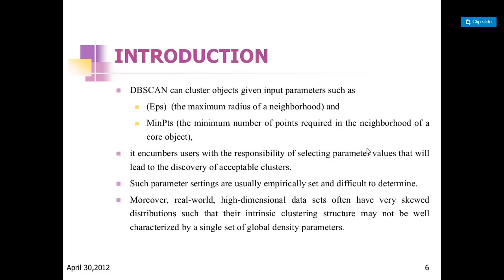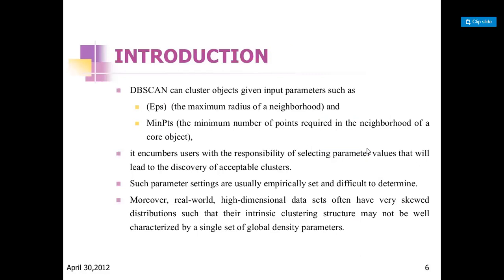So first of all, we shall discuss what the DBSCAN algorithm is. In the DBSCAN algorithm, there are two parameters: epsilon and min points. Epsilon is basically the maximum radius of the neighborhood, and min points is the minimum number of points required in the neighborhood of a core object.